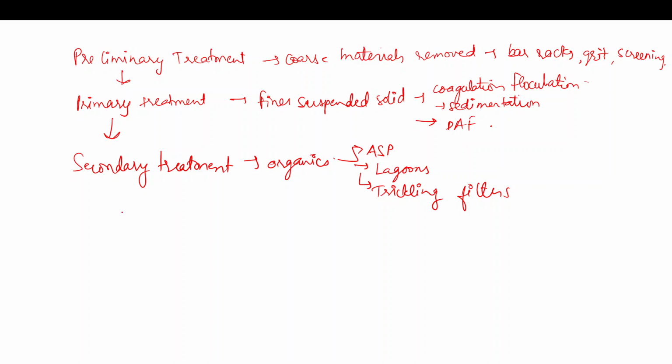Now, these are the common or conventional treatments, right? Further, the treatment provided could be advanced treatment and tertiary treatment, where, specific to the type of wastewater and its composition, tertiary treatments are selected so that whatever we discharge into the water bodies has a permissible quality, suitable as per government norms.